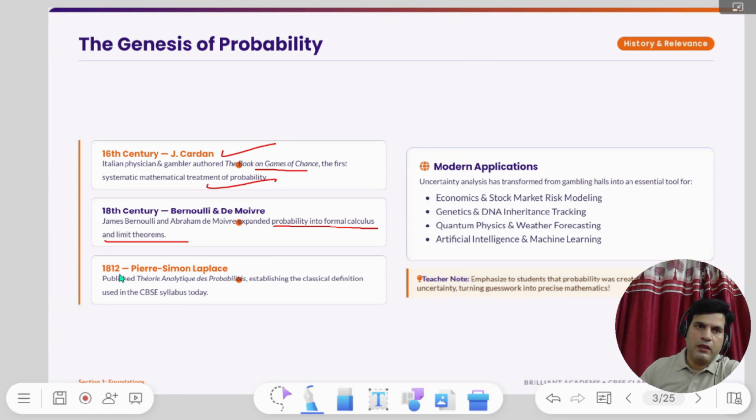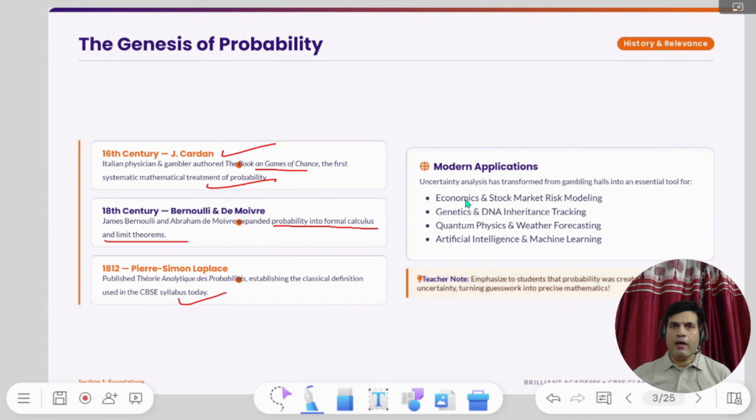You will also see that in 1812, Pierre-Simon Laplace published the Théorie analytique des probabilités, which established the classical definition in the CBSE syllabus today.